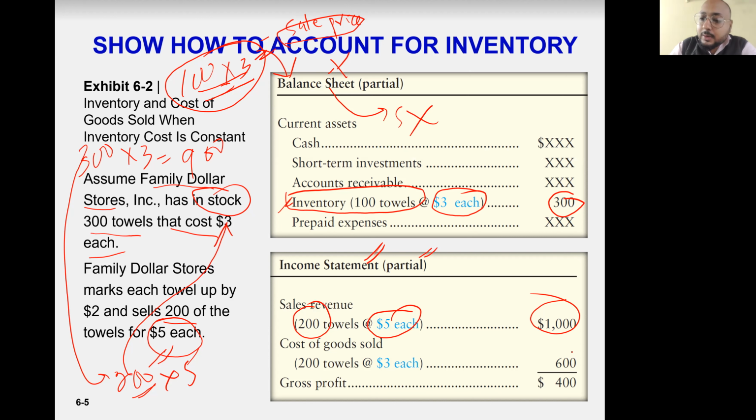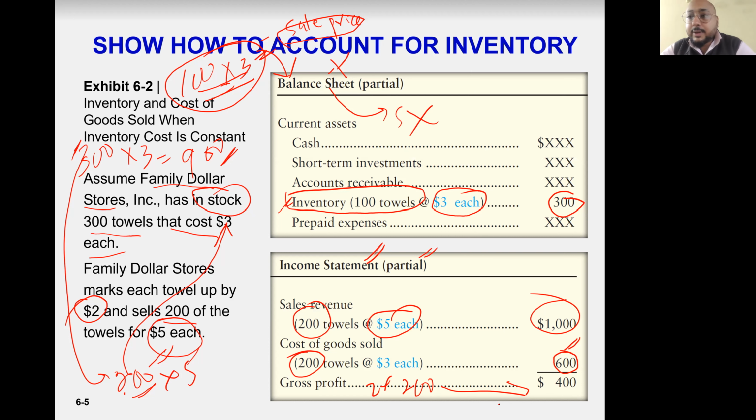So you see here, this 600 is coming from, originally you have inventory with a cost of 900, and out of it you have sold 600 worth, and you make 2 profit for each towel. So if you multiply 2 with the 200 you sold, your gross profit is exactly equal to 400.